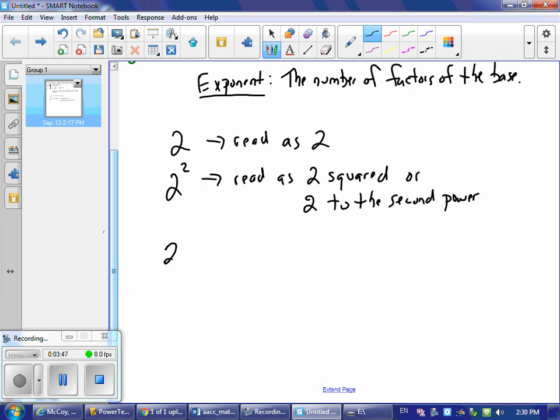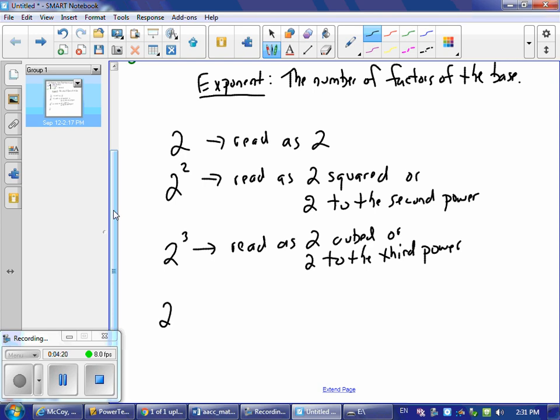If we had, once again, 2 cubed, that would be read just as I said it, 2 cubed. The other way to say it would be 2 to the third power. After we get to cubed, every exponent from there on is going to be read as whatever the exponent is to the power.